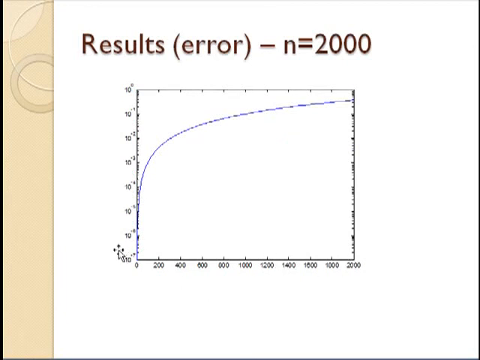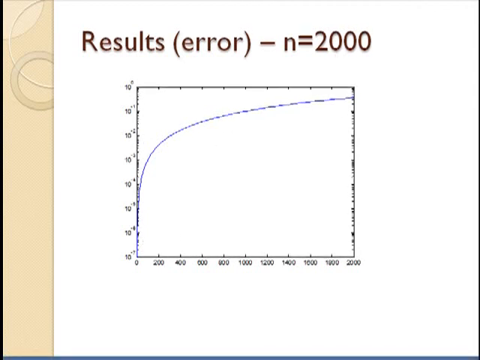It's on a log plot, but you can see we get errors like 10 to the minus 7 for our smaller eigenvalues, and then it increases rapidly. It's 1% by the time you get to eigenvalues around 300, and then it's again 20% or 30% at the highest end. So we get pretty good results for the smaller values, and the more eigenvalues you need accurately, the more mesh points you're going to have to use to get that result.